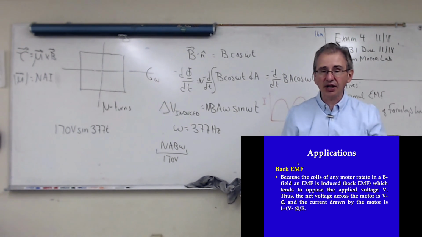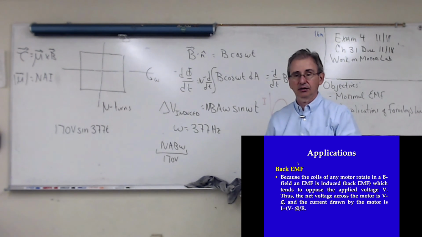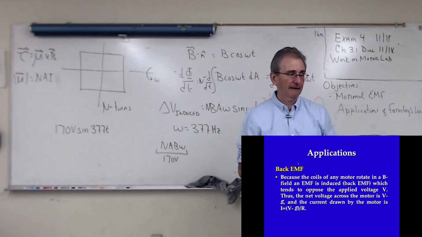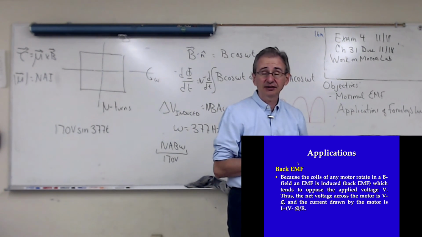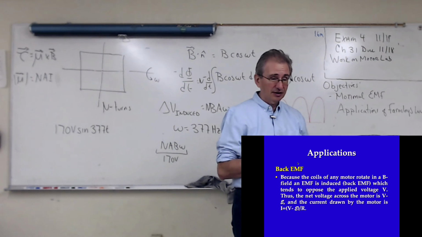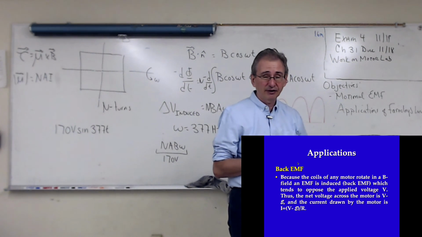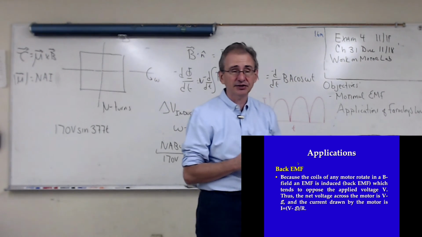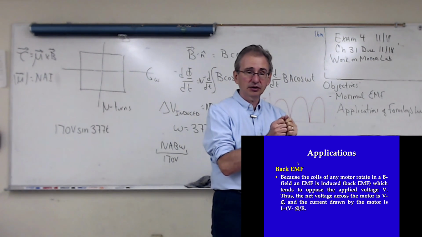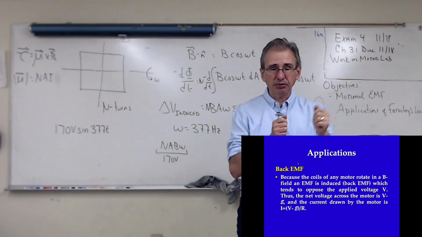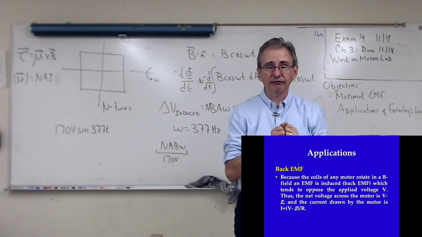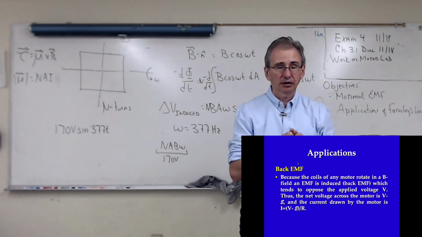As the motor starts up, the flux through that loop is changing. And as a result, as the motor turns, there is an induced EMF in the loop of the motor. We call that a back EMF. And so the total voltage on the coil in your motor is the power supply voltage minus the induced EMF.